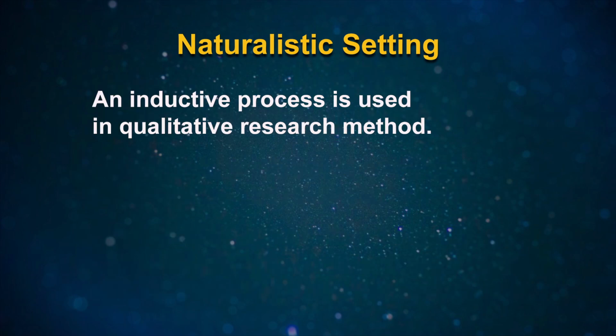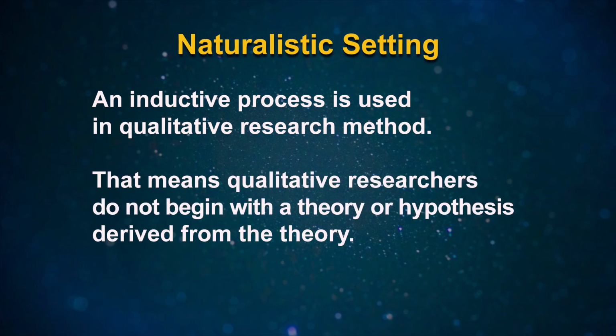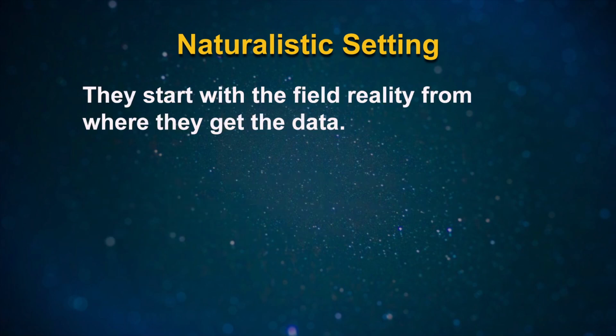An inductive process is used in qualitative research method. That means qualitative researchers do not begin with a theory or hypothesis derived from the theory. Instead, they start with field reality from where they get the data.